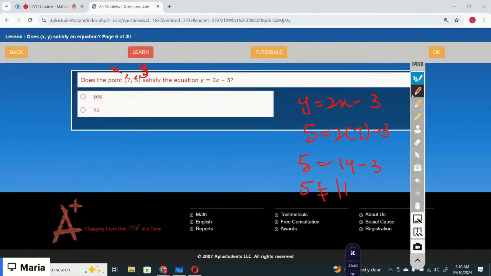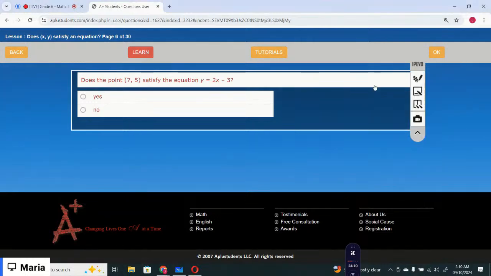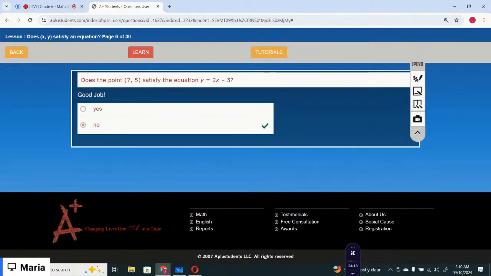Got it? The correct option is no. 7, 5 does not satisfy the equation.